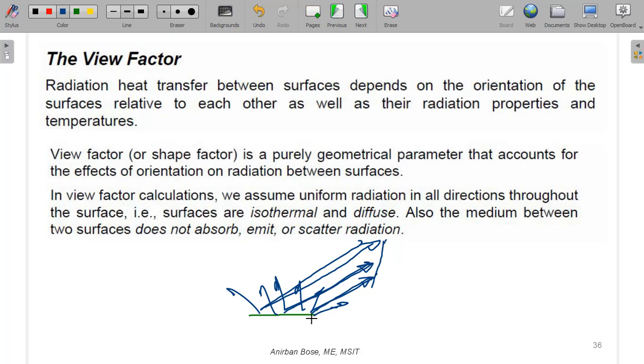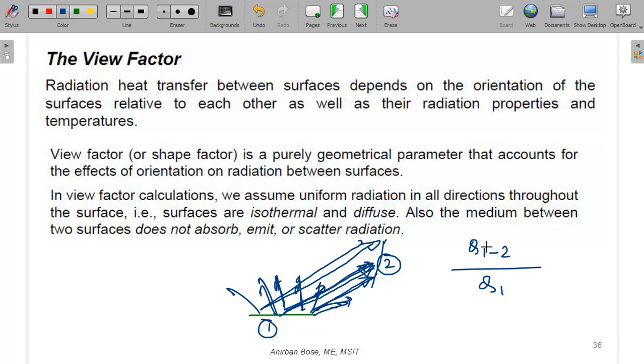If you consider this surface is 1 and this surface is 2, then the view factor is how much energy is striking surface 2, that means how much energy leaving from 1 and striking 2 in watt, divided by the total amount of energy radiating out of 1, that means Q1.